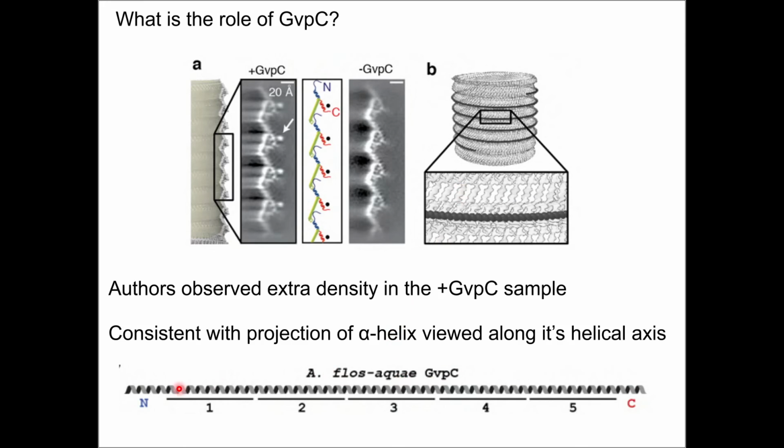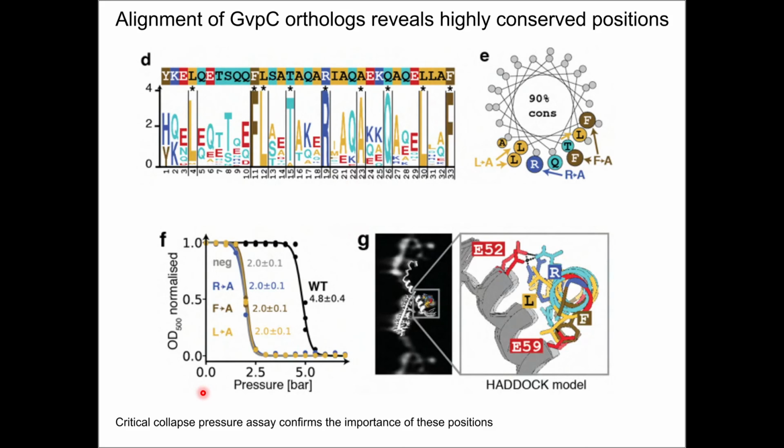The GVPC protein is made up of 5 repeats of the same amino acid sequence. So this is like the only biochemistry experiment they did.